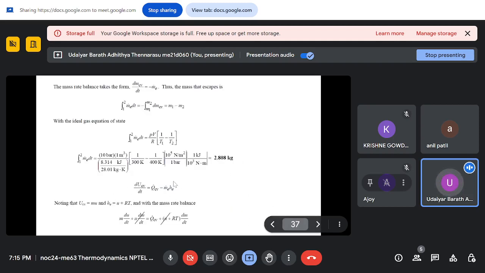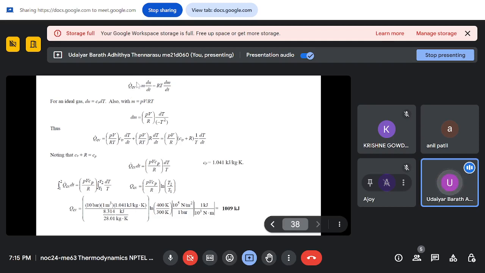To recap, we wrote an energy balance equation: dU_CV by dt equals heat transfer minus the enthalpy of the stream which is going out. Then we expanded the enthalpy term, and also wrote the U_CV terms in terms of specific internal energy and mass. We found a simplified expression for heat transfer, and then applied the ideal gas equation to find the mass, and expressed the mass in terms of change in temperature with respect to time.